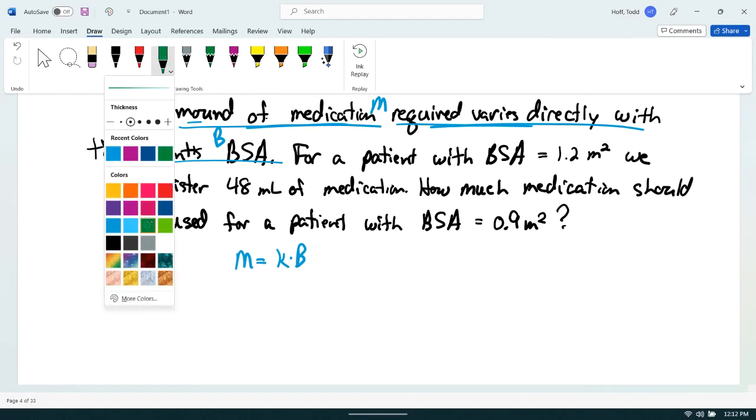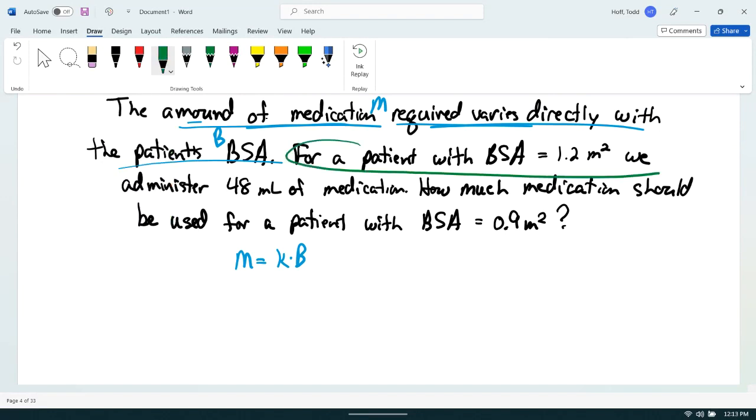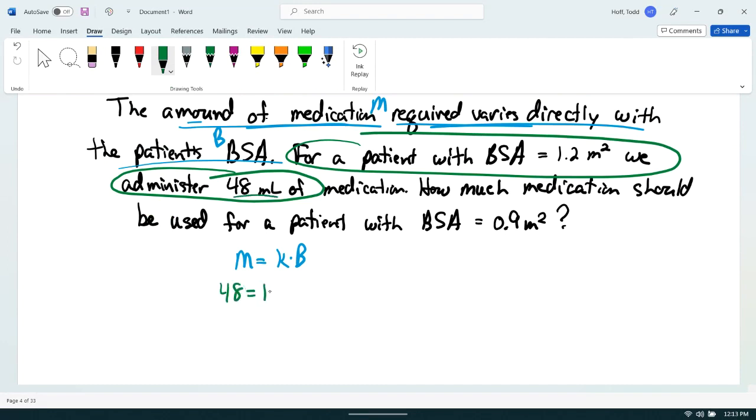Then remember we have that known condition. A patient with a body surface area of 1.2 square meters gets 48 milliliters of medication. So we plug that in. The 48 is M, so that goes in for M. 48 equals K times 1.2. And we solve for K by dividing by the 1.2.